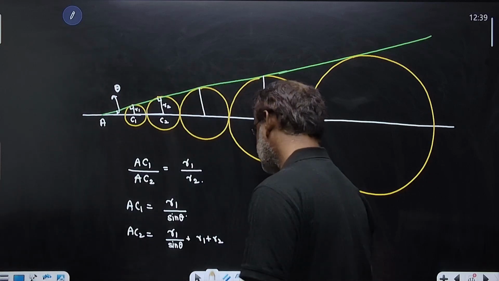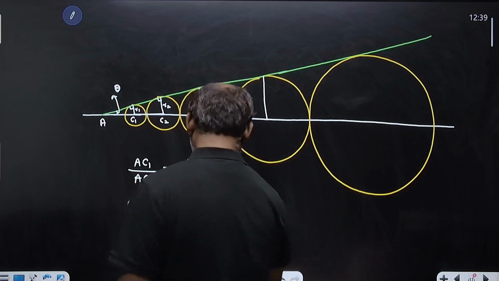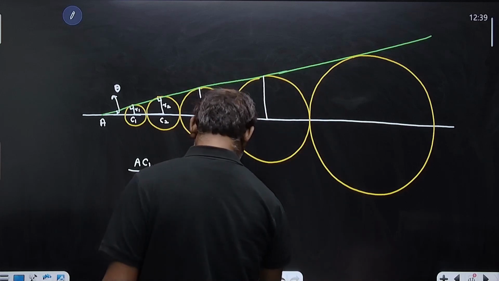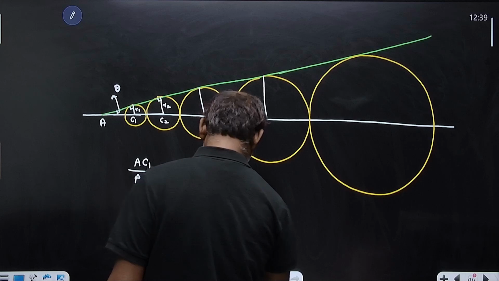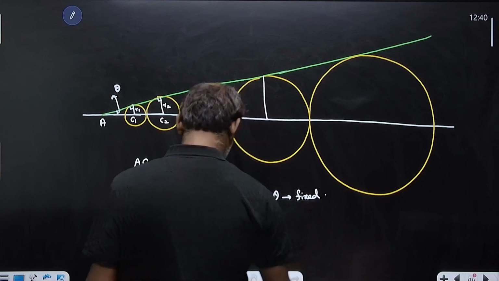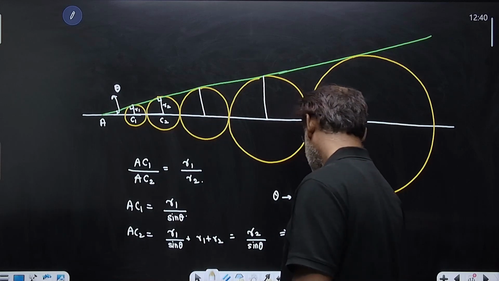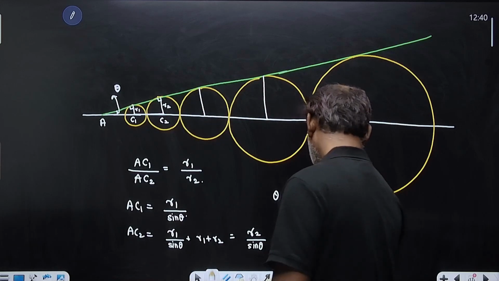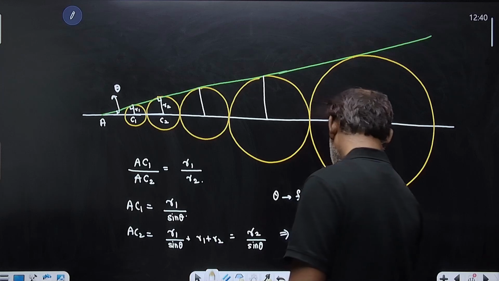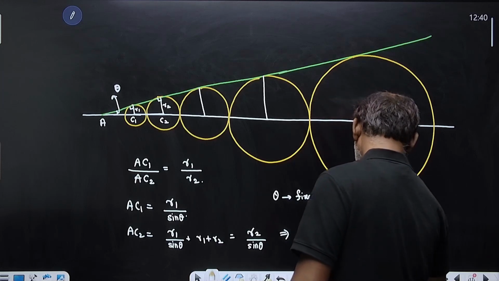Now, we can very easily see that this is also equal to R2 by sin theta. Theta is fixed. So, what does this give you? R1 into 1 plus sin theta is R2 into 1 minus sin theta.